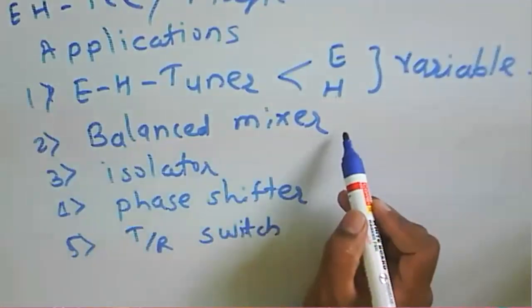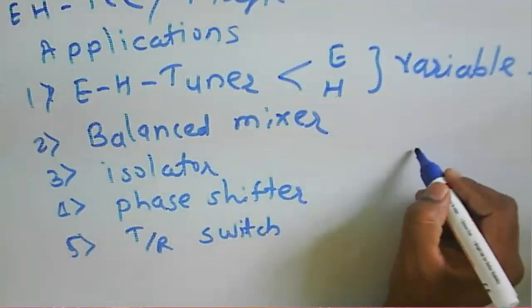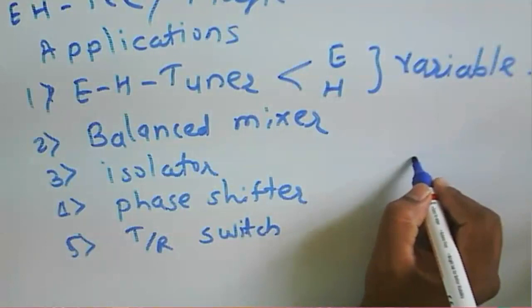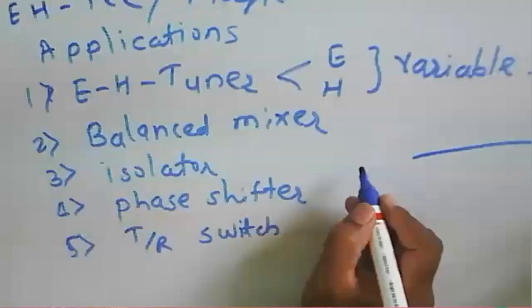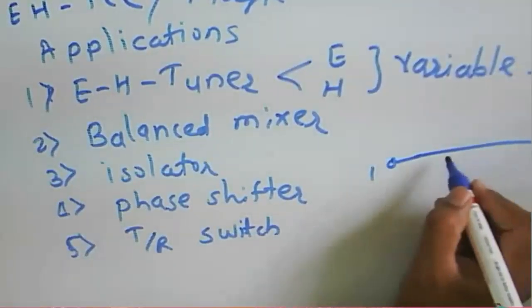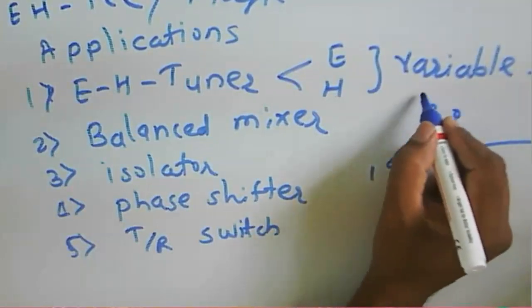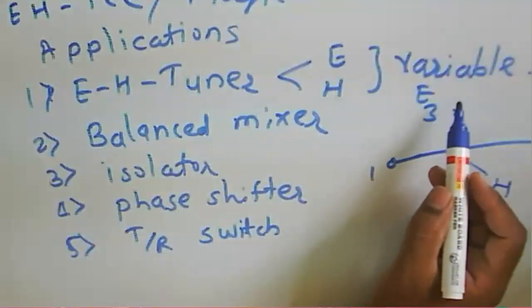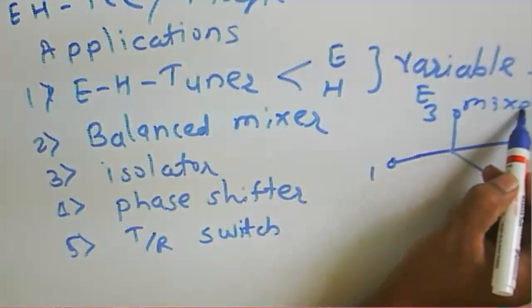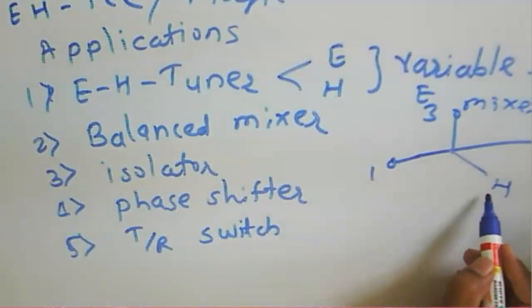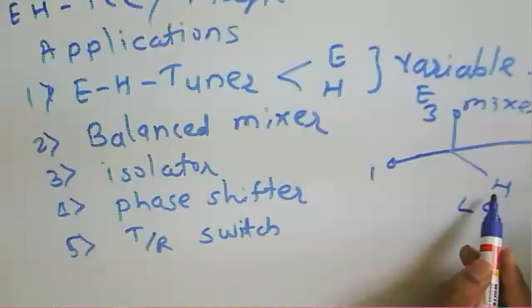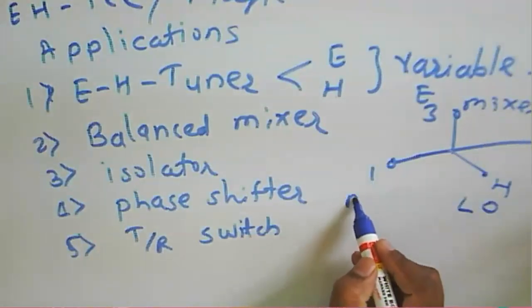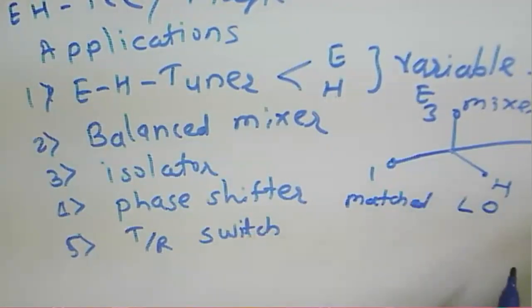Then a balanced mixer. In the balanced mixer, we know that it has 4 ports. Your main arms we say are port 1 and port 2. This one is port 3, that is the E arm, and this one is the H arm. If we use a mixer at port 3 and at port 4, that is the H arm, we use a local oscillator here, and this one is a matched port.